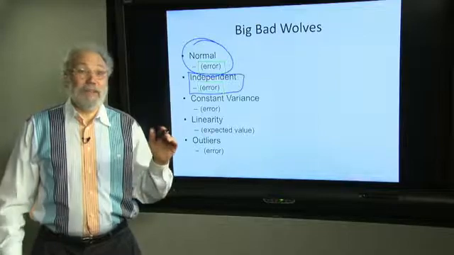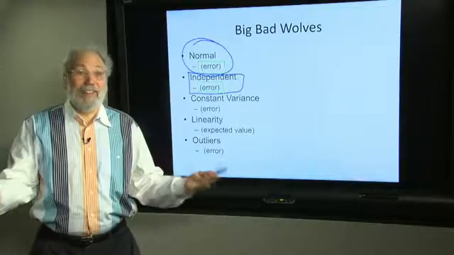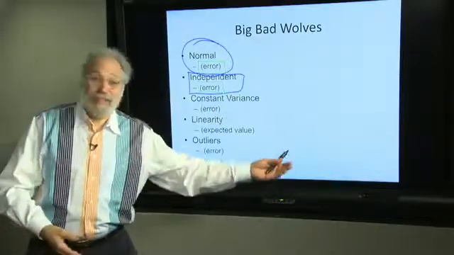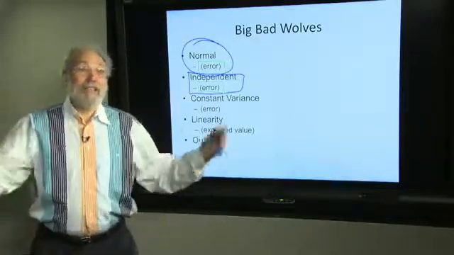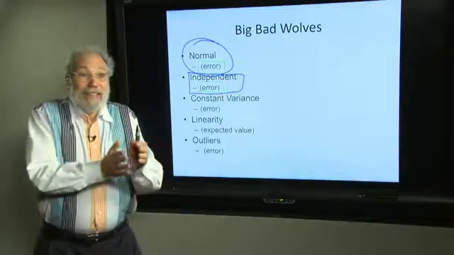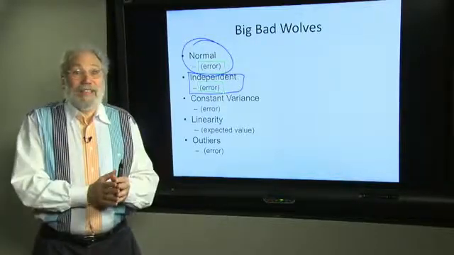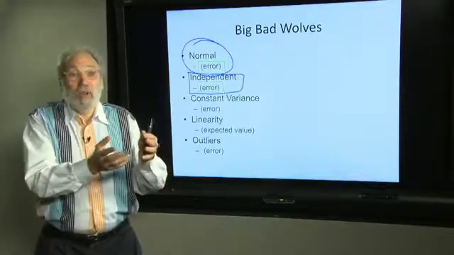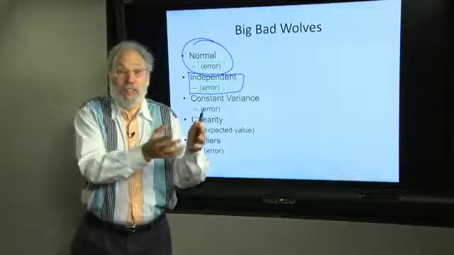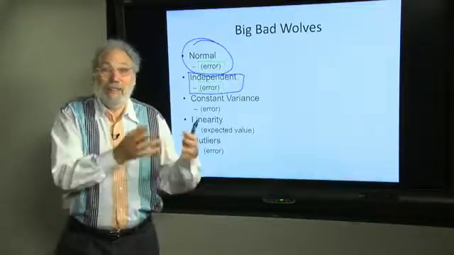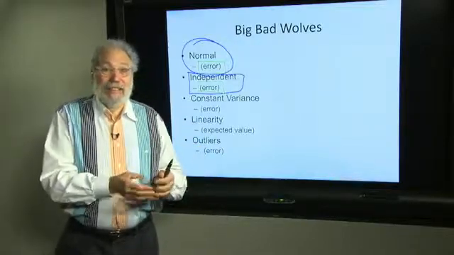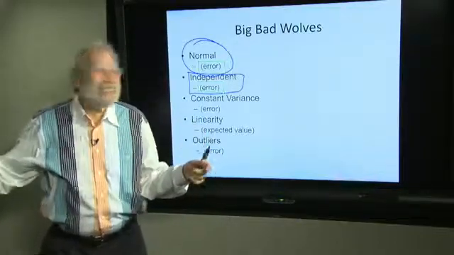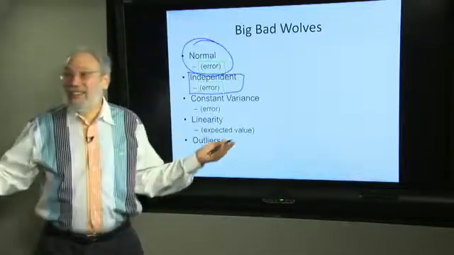For example, if I recruit people at 5 hospital centers to take part in a study, and I recruit some cancer cases and some controls, hospitals draw on different populations, so there's going to be some correlation between people who go to the same hospital because they're more alike than average. But if I control for hospital in my analysis, then the errors are going to be independent.